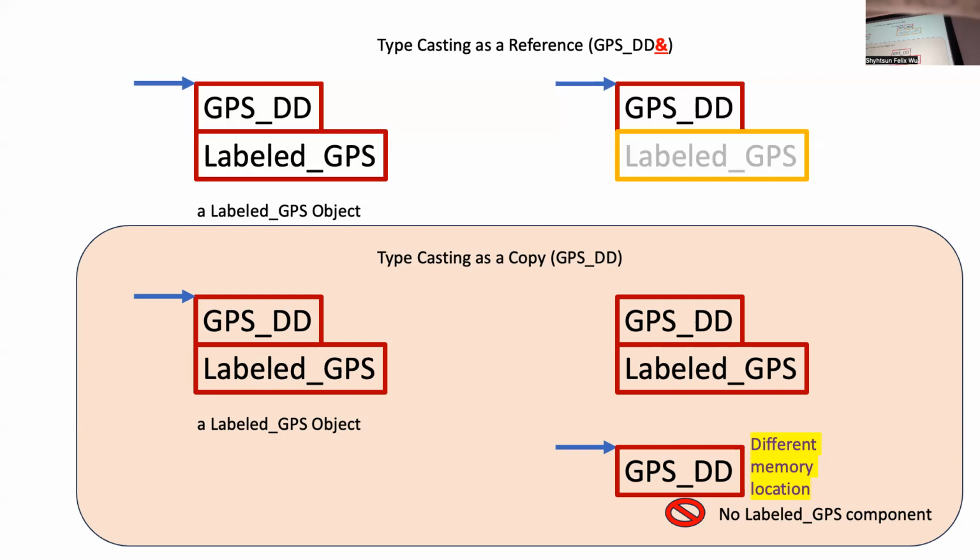Therefore, it's important, when you want to convert it back, this is essentially typecasting down, after typecasting up to the parent. The compiler sometimes will allow you to do that if you say you're doing this with a reference, but indeed it doesn't have the GPS component there.